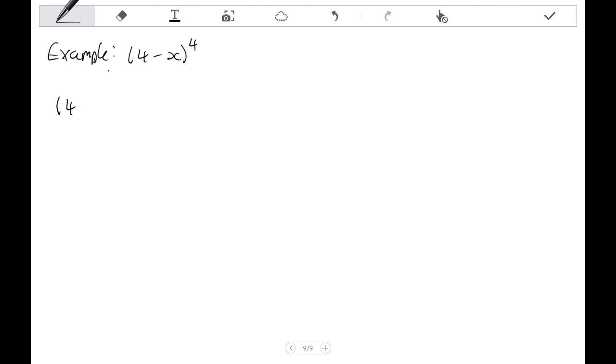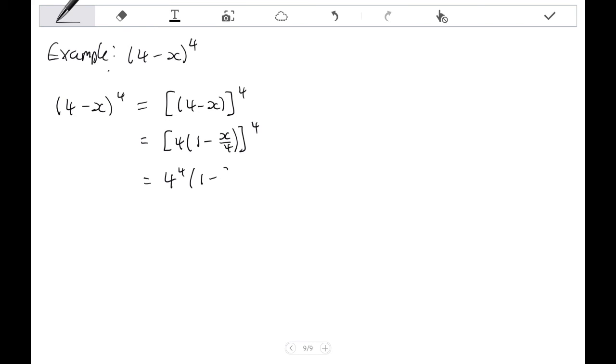Well, if I rewrite this in a slightly strange way, I'm going to put these big brackets in. First it seems arbitrary, but what I'm now going to do is take a factor of 4 out of this bracket. So I'm going to say that's 4, 1 minus x over 4, all to the power of 4, which would be 4 to the power of 4, 1 minus x over 4 to the power of 4.